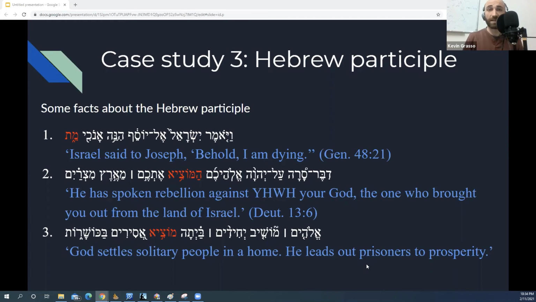What's important here is that Israel did not say this while he was dead, right? That's the important point. When he says, I am dying, he means that I am close to dying, right? This is the kind of thing that I discussed earlier with our progressive in English. When I say I am dying, it doesn't mean I am dead. It means I'm in some pre-state of dying, or I'm about to die, et cetera.